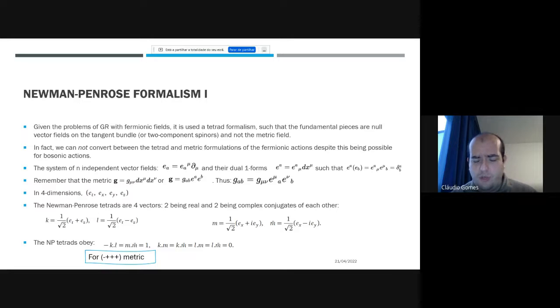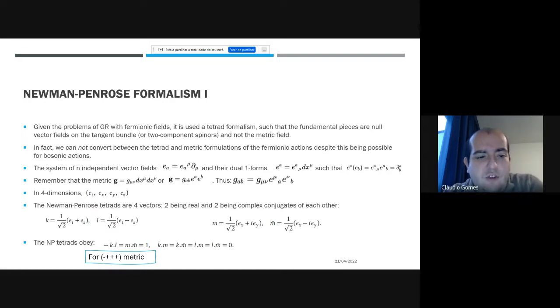We shall use throughout this presentation the formulation given by vector fields on the tangent bundle, okay. So furthermore, I would like to note that we cannot convert the tetrad and metric formalism when we have fermions, although for bosons we can do that.